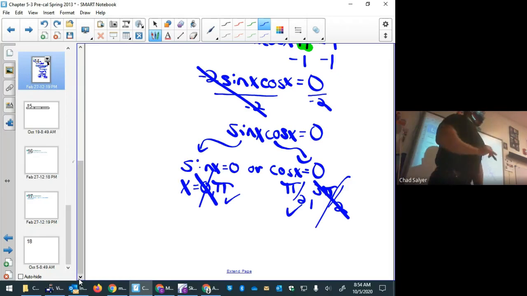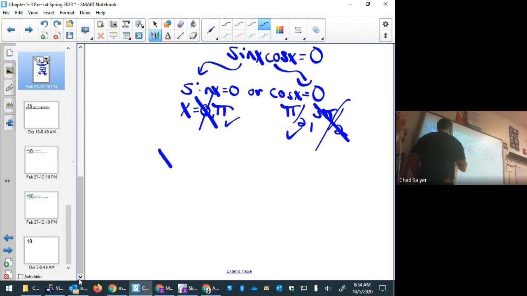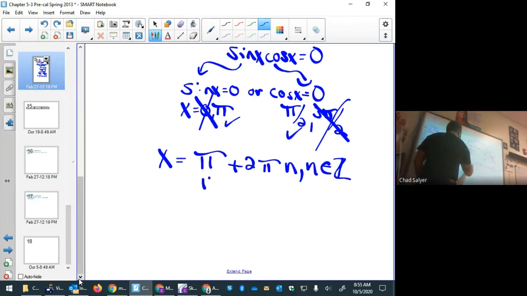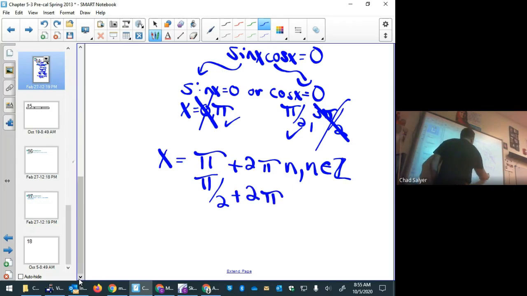Now, once we have them, we need to extrapolate every possible solution as a consequence. So it's going to be this. X equals the valid solution plus the period times n, where n is an integer. And then also the other valid solution.